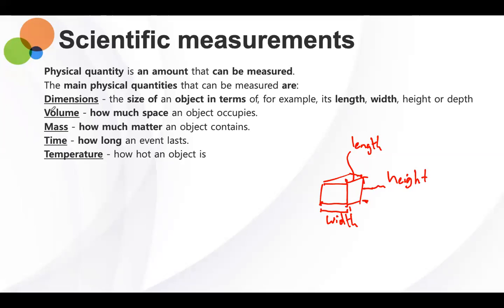All right, the next one is volume. The volume is essentially how much space an object will occupy. We use volume to describe this. So if you find the volume of this particular cube, we will know how much space this cube takes up. The next one is mass, which is how much matter an object contains.